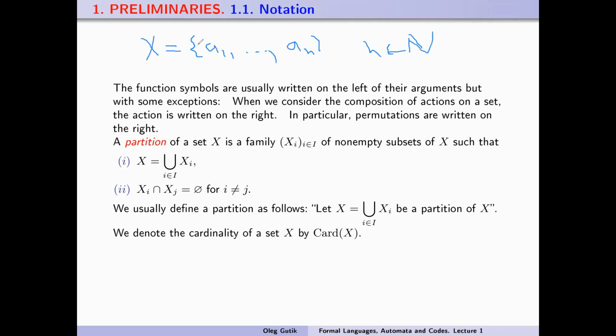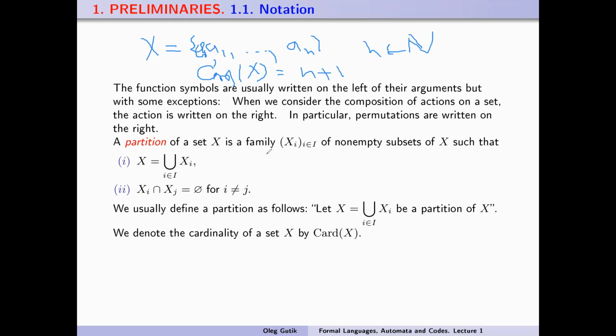Maybe here we shall start with a0 and so on. Then we shall write that the cardinality of X is equal to n plus 1. Well, it is the usual count of the elements of the set X.